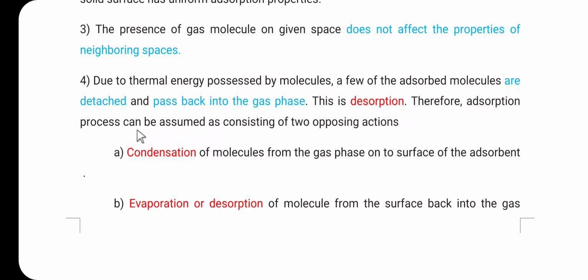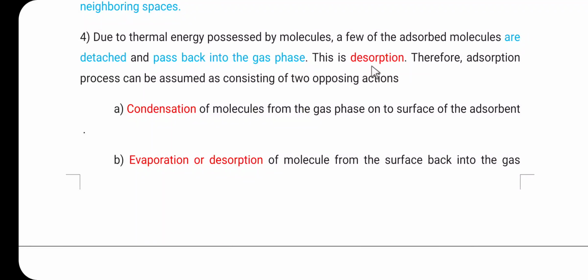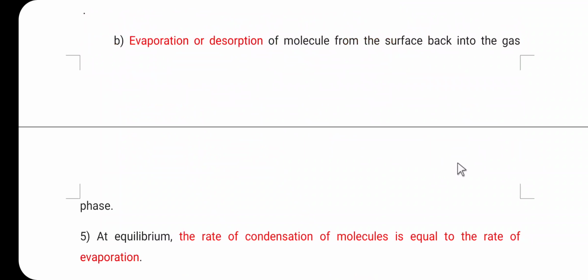Therefore the adsorption process can be assumed as consisting of two opposing actions. The first one is condensation, the collection of gas molecules from the gas phase on the surface of the adsorbent, and the second one is evaporation or desorption of molecules from the surface back into the gas.